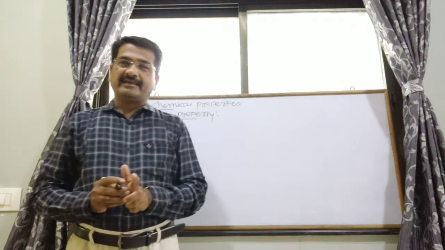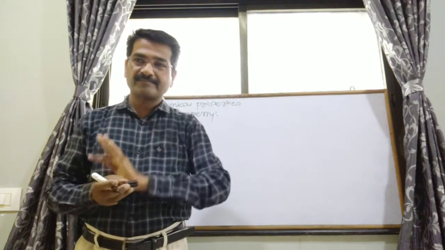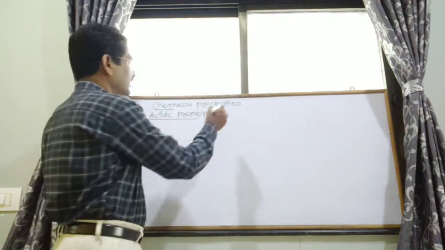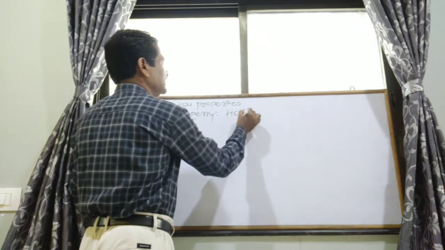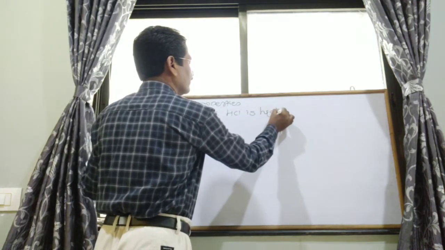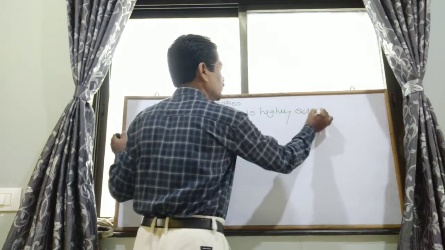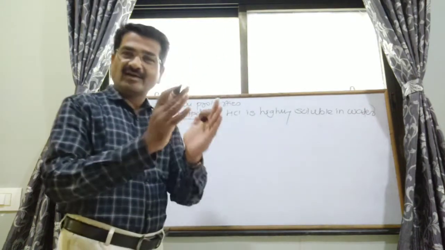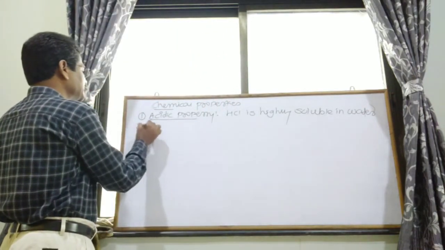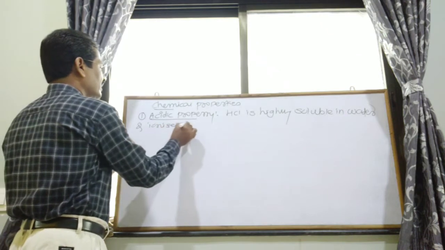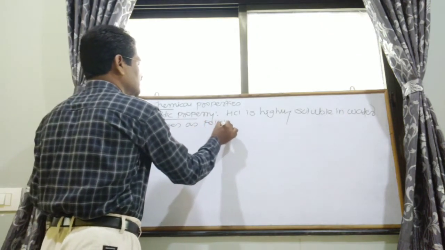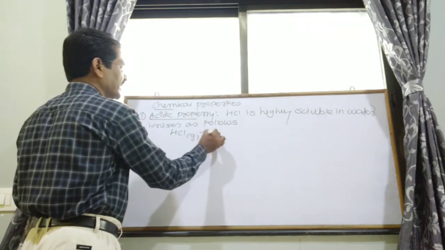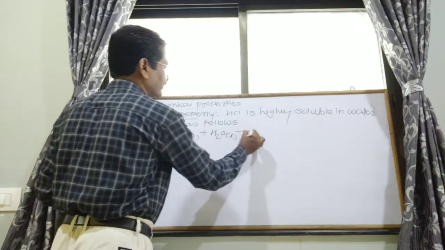HCl is highly soluble in water and ionizes as follows. This HCl is taken in gaseous form and dissolved in water, that is liquid.